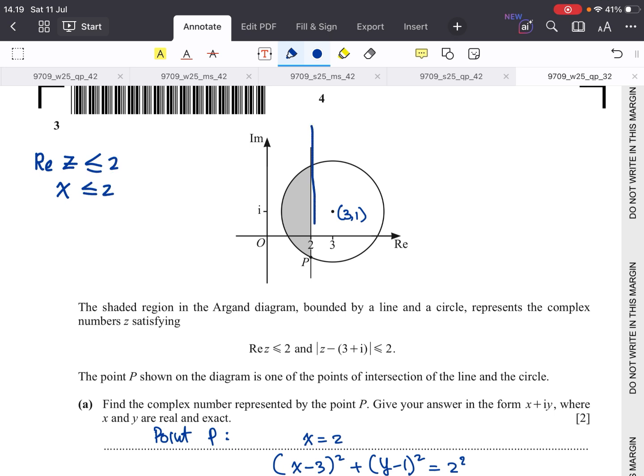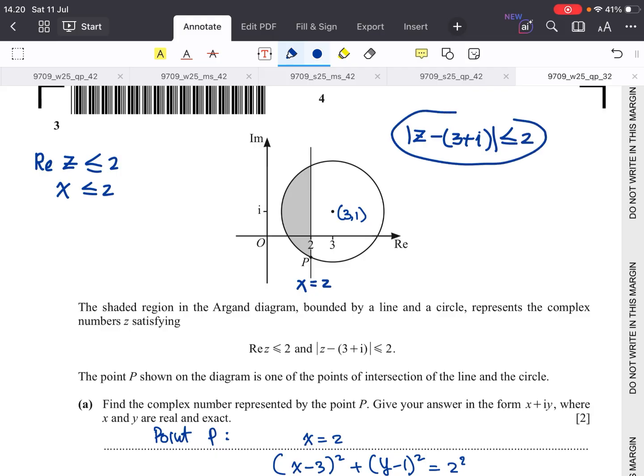So this line has equation x is equal to 2. And then for this one, absolute z minus 3 plus i is less than or equal to 2.